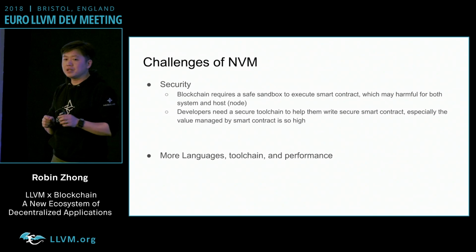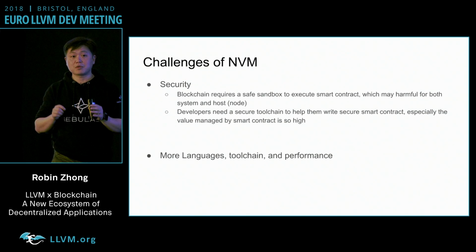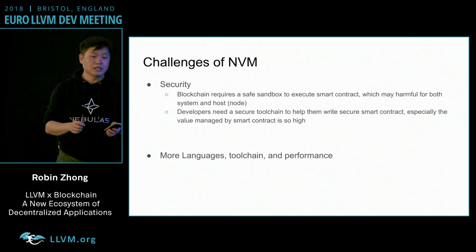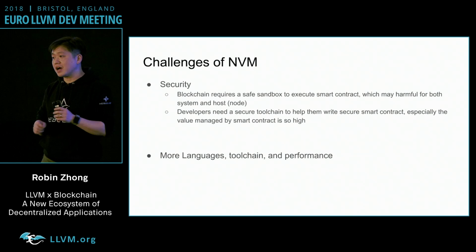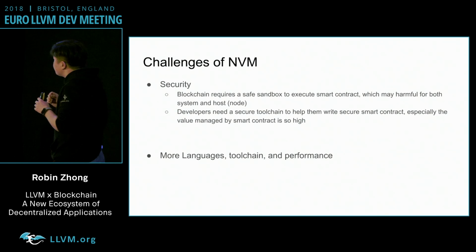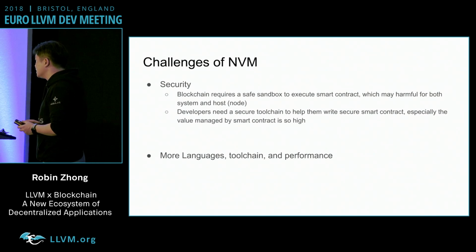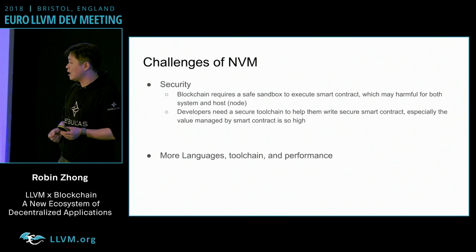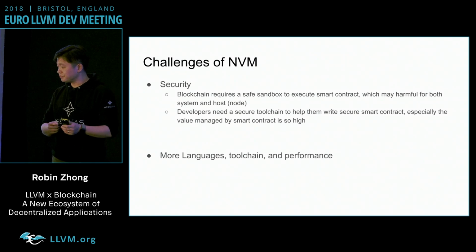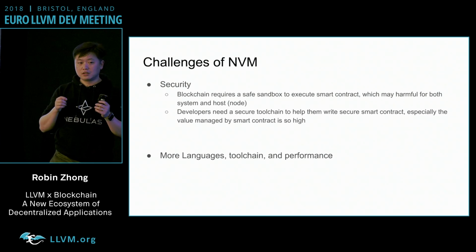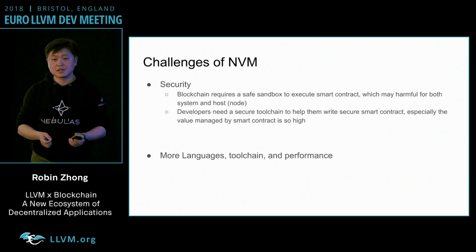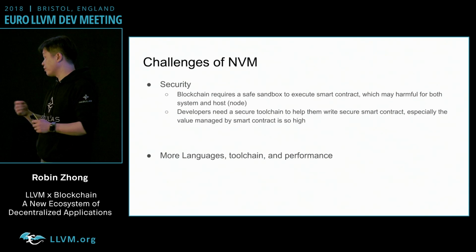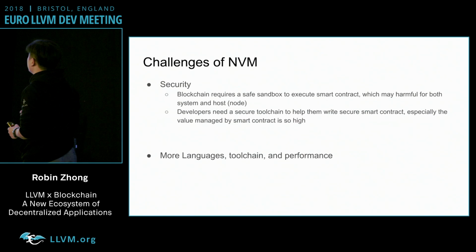Those things can be leveraged by some formal verification on top of our IR code. There is some research, and some professors are doing that. The others are about language, toolchains and performance. That is what we are facing.